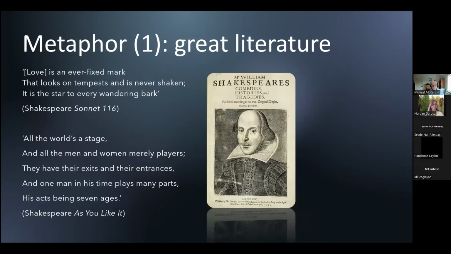My first quotation here is a wonderful definition of love from Shakespeare's Sonnet 116. Love is an ever-fixed mark that looks on tempests and is never shaken. It is the star to every wandering bark. Come back to that in a minute.